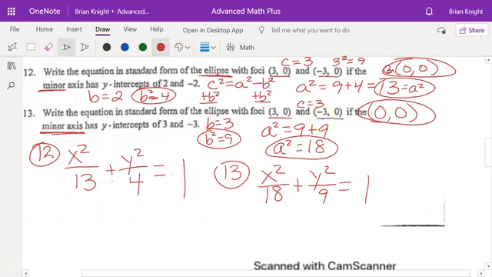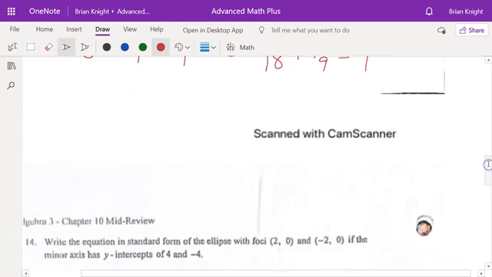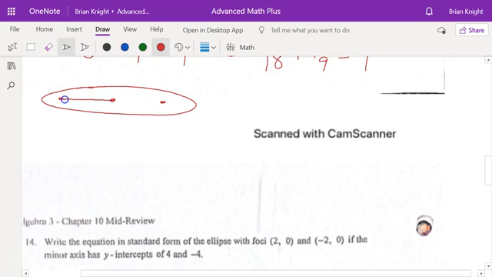Maybe it'll help if I draw one. Ellipse. There's the center. Here's your focus points. This distance is C. Here's the minor axis right here.